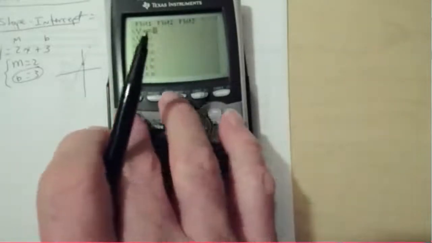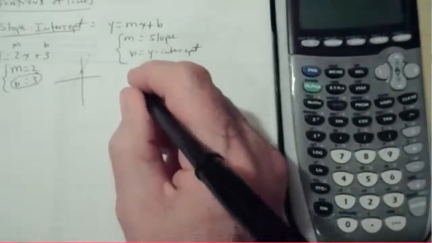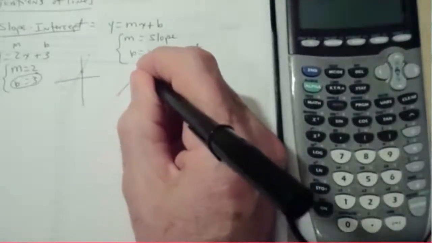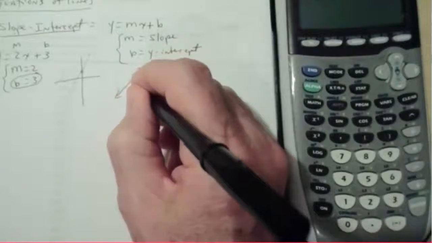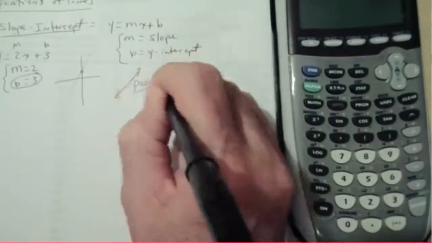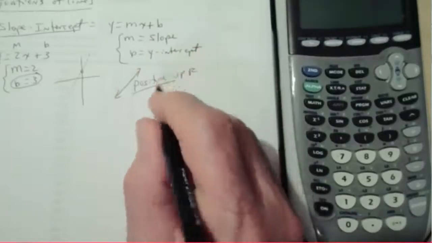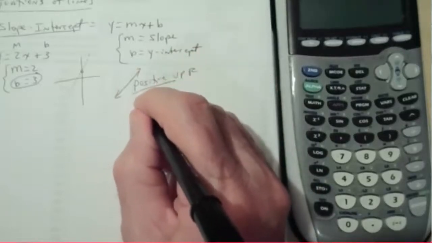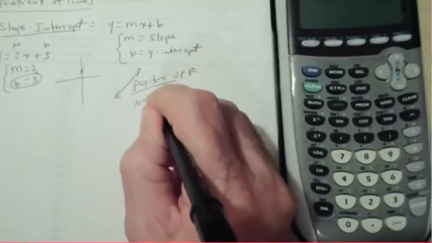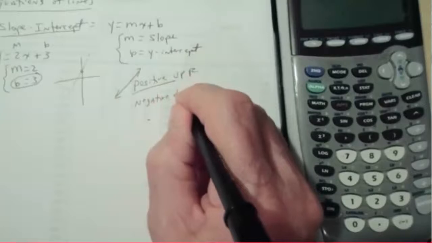Now, this is a positive slope. Positive slope goes up and to the right. A negative slope goes down, D-O-W-N, and to the right. So let's see.